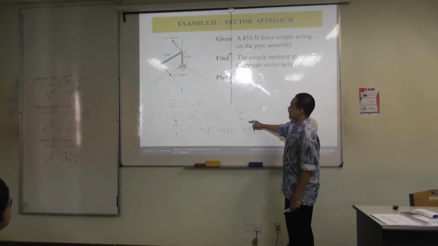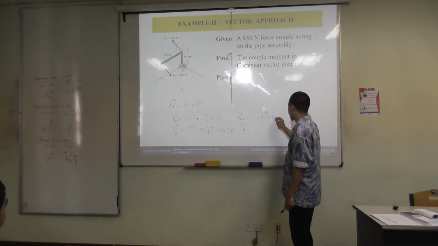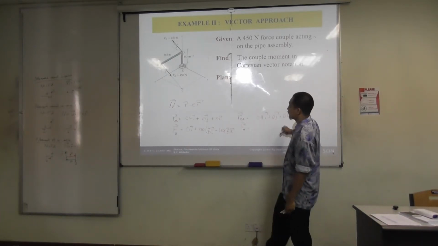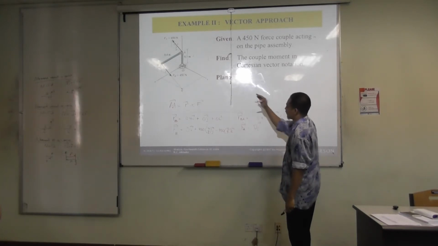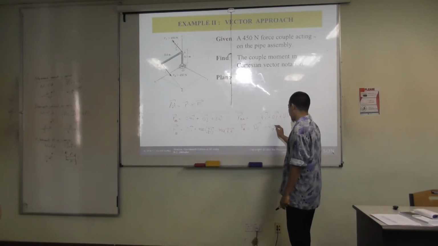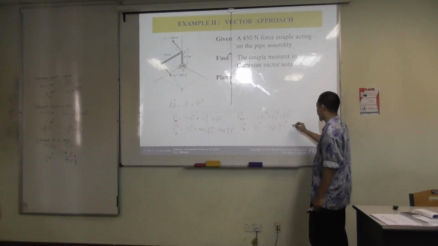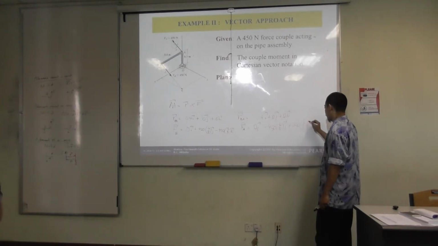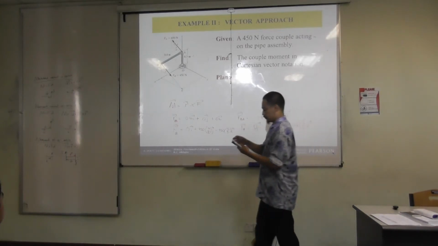It will be just the opposite, right? Yes, i, j, k. And then this one will be the opposite also, right? So 0 i. For Y you get minus 450 over 5 j, and then plus 450 over 5. Obviously, you don't need to do both. You just choose whichever you want.